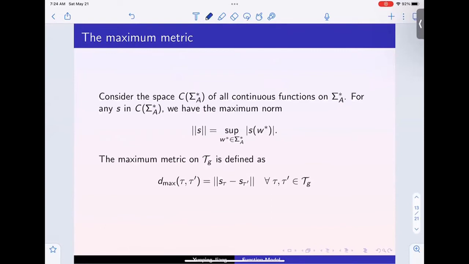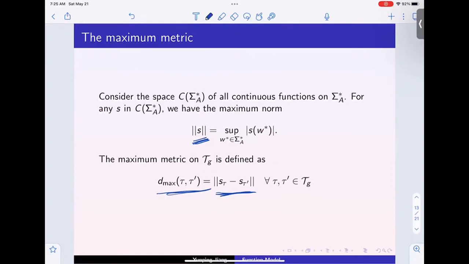That's called the maximum norm. Then you can introduce the so-called maximum metric on the Teichmüller space, defined as the maximum norm of the difference of these scaling functions. So now we have introduced a new metric called the maximal metric.